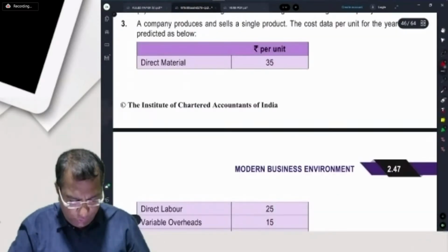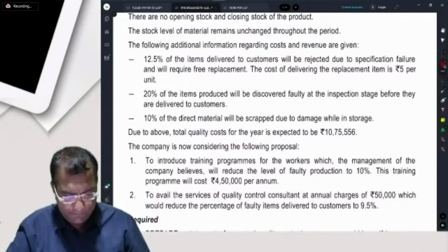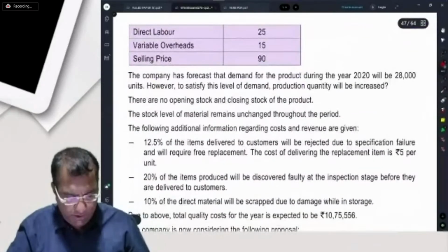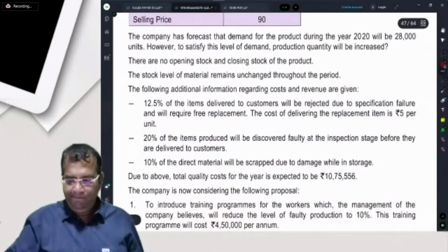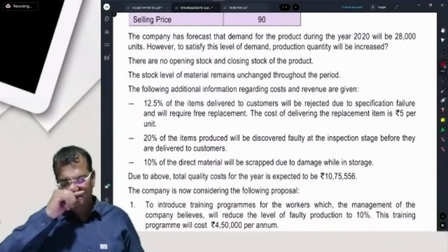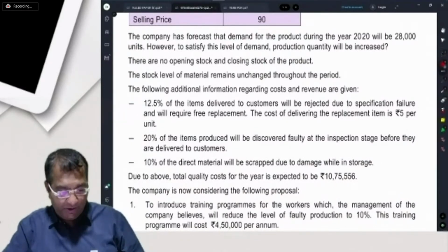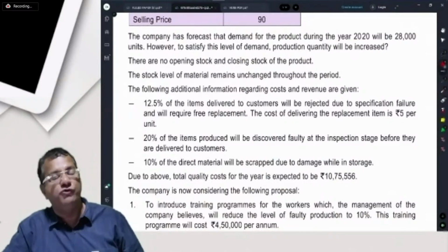Find out the total units manufactured. Write down the first point. Demand for the product is 28,000 units.